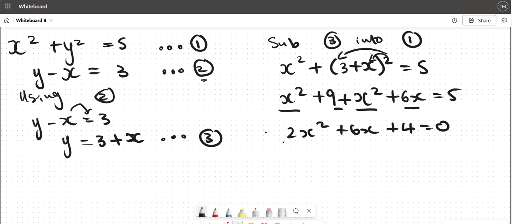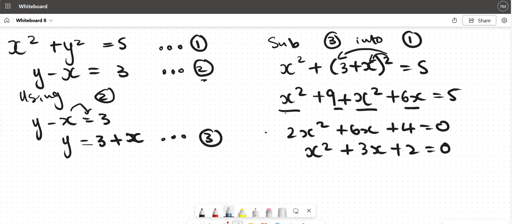I get this. I can divide by 2 on every single one. So if I divide by 2, I end up getting x squared plus 3x plus 2 is equal to 0. Essentially, to simplify this expression, I just divided everything by 2.